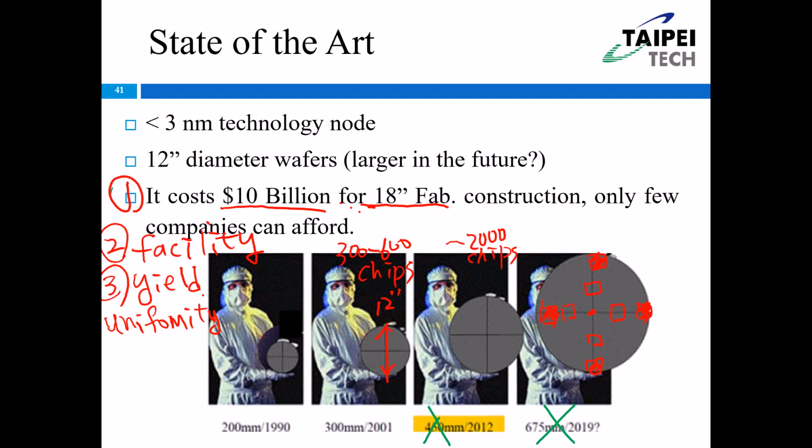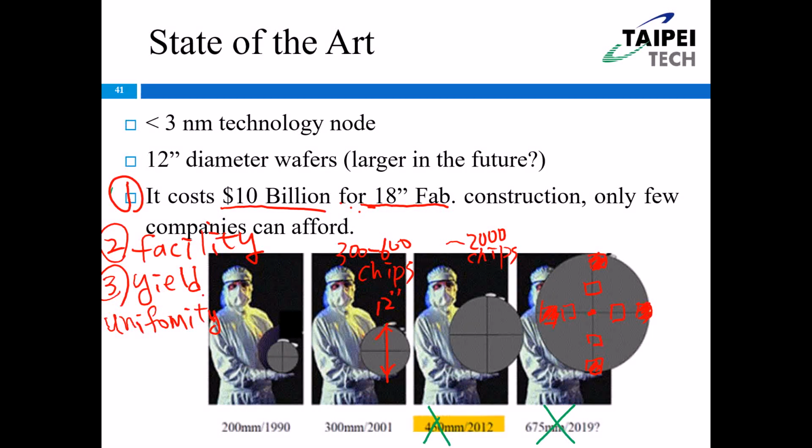Sometimes you buy the smartphone, you buy the iPhone. Somebody says my iPhone is working good, its function is good. But somebody says my iPhone fails. Why? Because your failed iPhone's chip maybe came from the edge of the silicon wafer. Only the center has the best uniformity and performance.